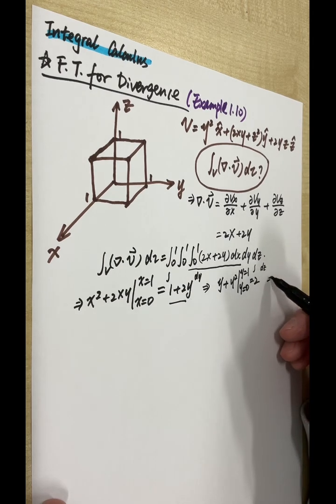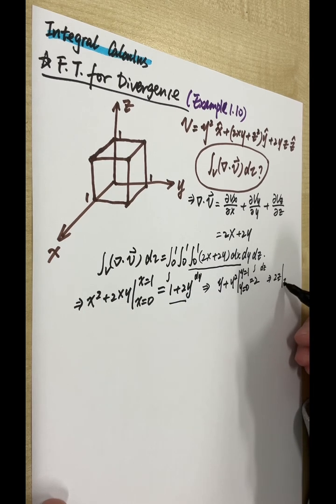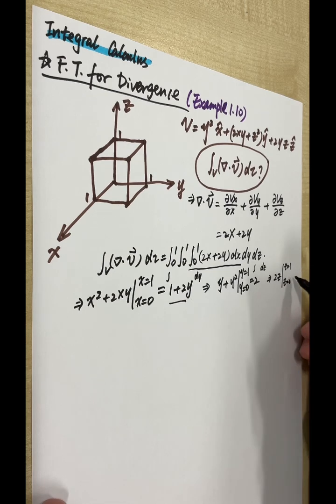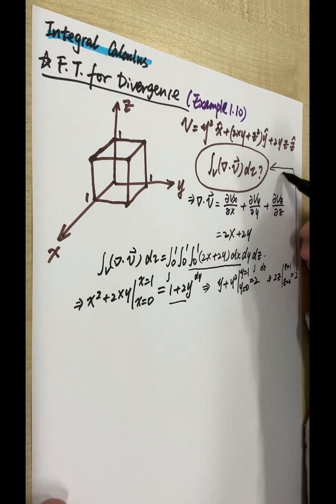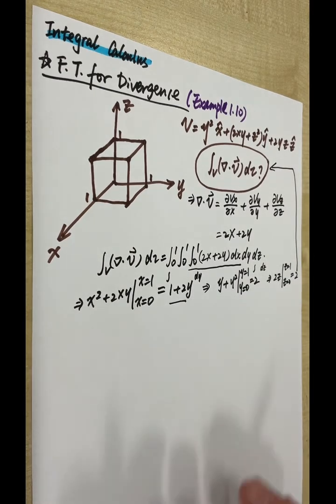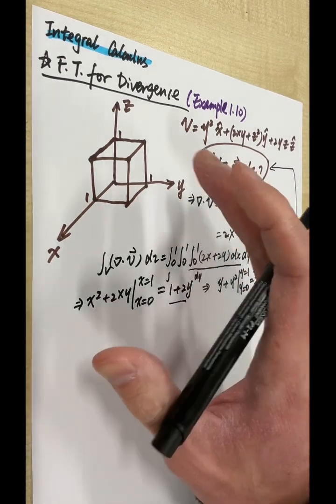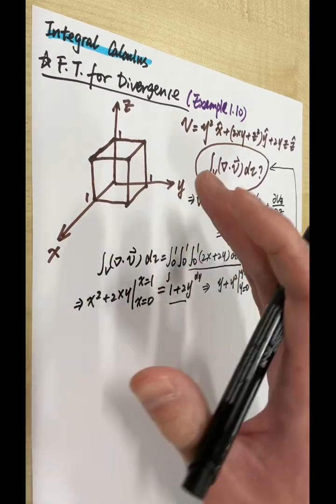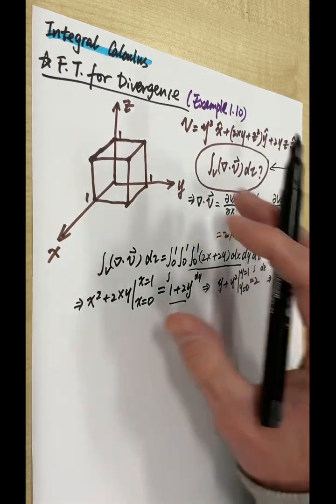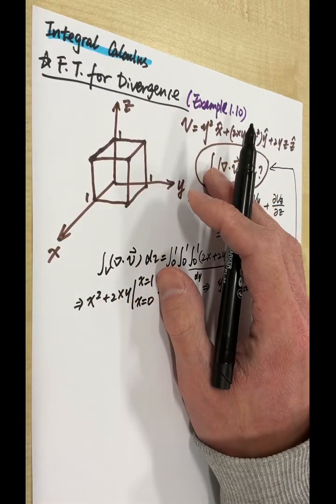So what we get is 2z, where z is from 0 to 1. So this equals 2. So this is the answer. So you can also follow the textbook and do 6 surface integrals and then confirm the fundamental theorem for divergence.